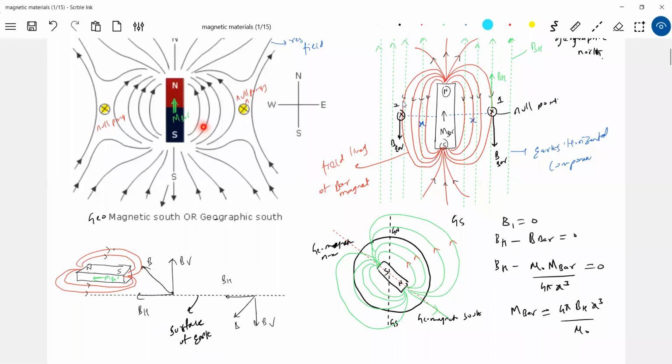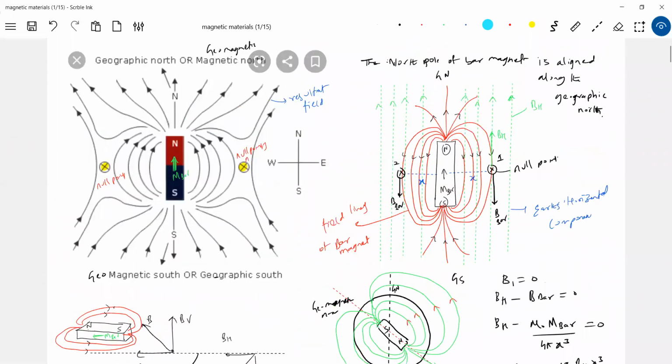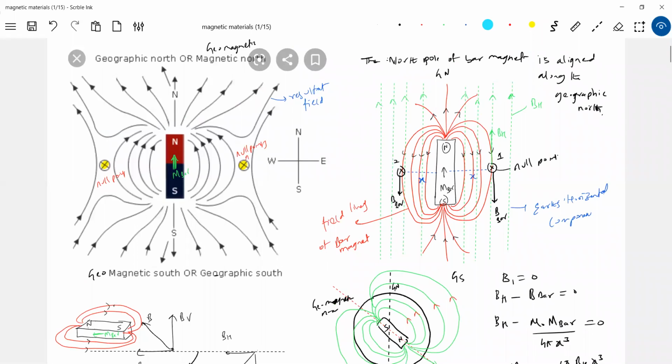Okay, I think there is some problem with the figure. The arrow should change direction. I'll make changes here. These arrows must be like this.